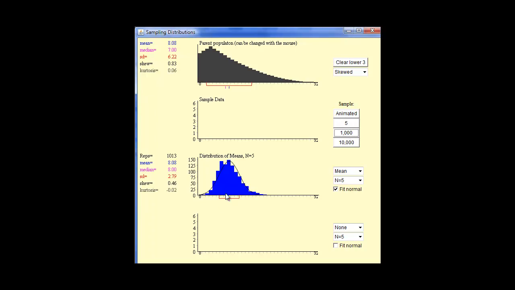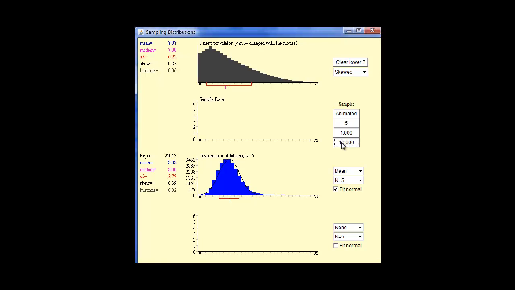I still have the majority of my scores coming from the low end of the original parent population, which is obvious because the mean itself is towards the low end, just like that parent population. Let's do another 1,000. And it's becoming more and more normal looking. Let's go by 10,000s. I'm up to 15,000 reps is what they're calling it now, or samples.